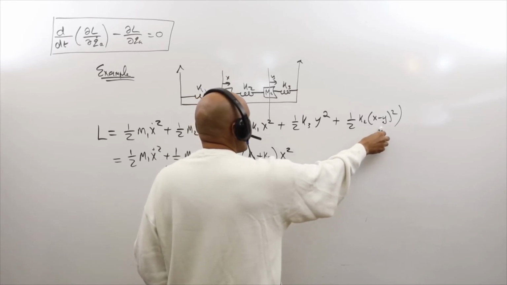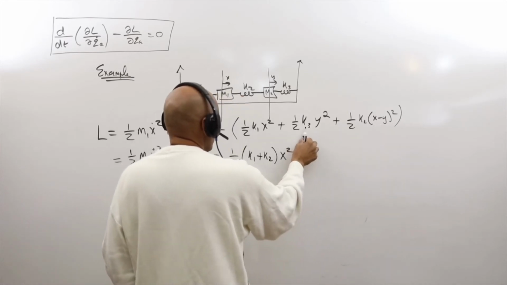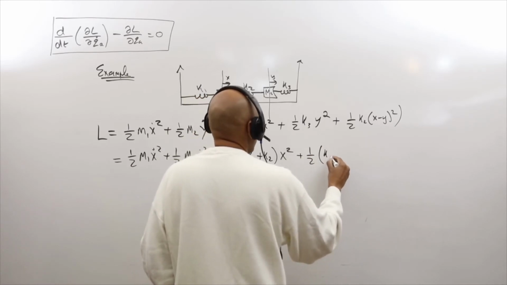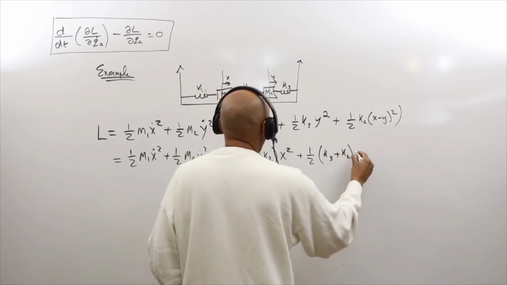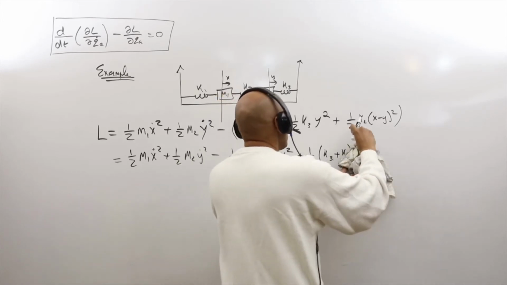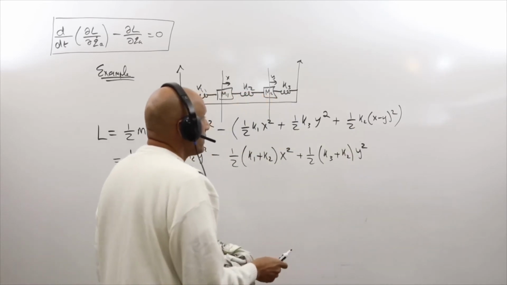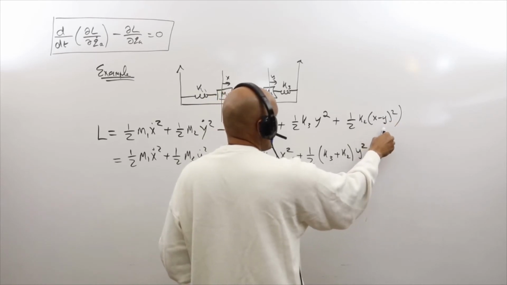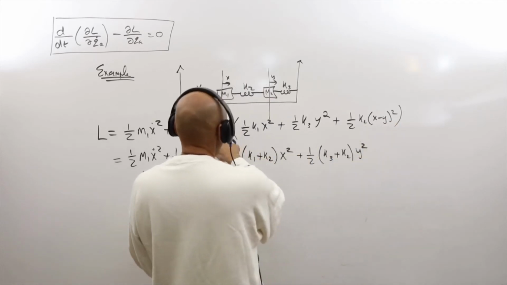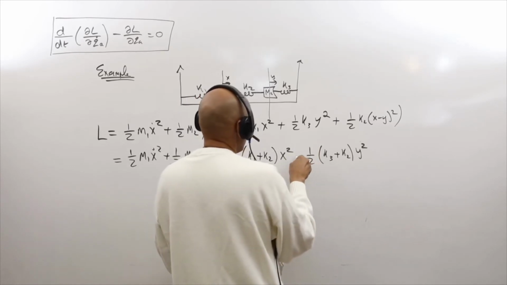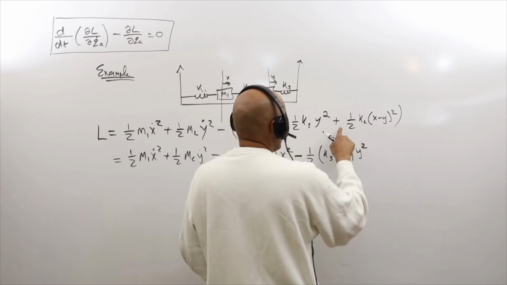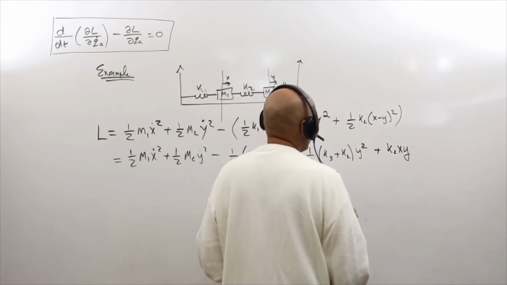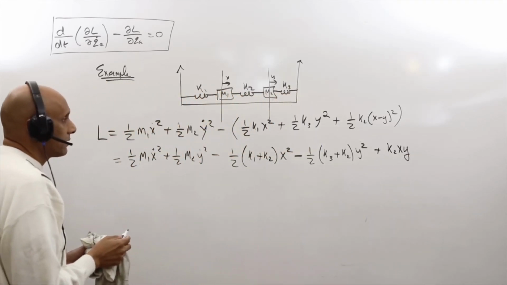Now there's a y squared term coming in from k2, and there's a k3 over here, so I'll absorb that into 1/2 (k3 plus k2) y squared. Eventually there's a leftover, so we've taken care of these three terms, and then there is an xy term. There is a minus here, so the minus cancels to a plus, and you're left with k2 x y. The 2 would cancel the 1/2.